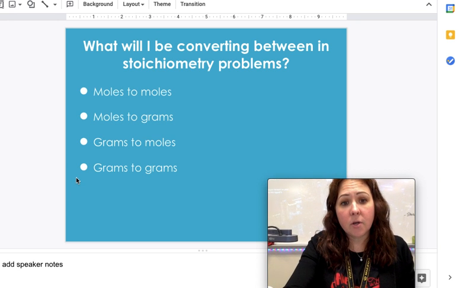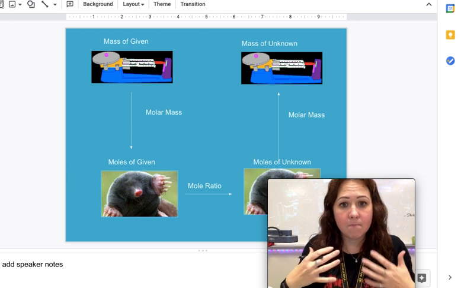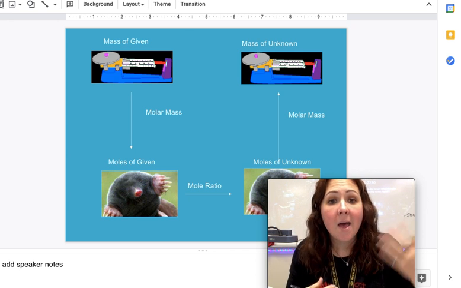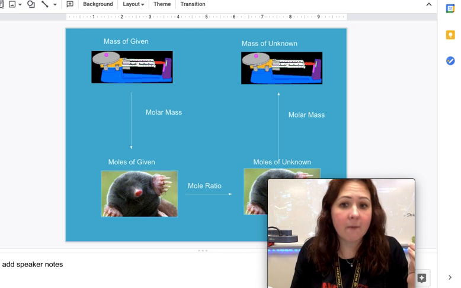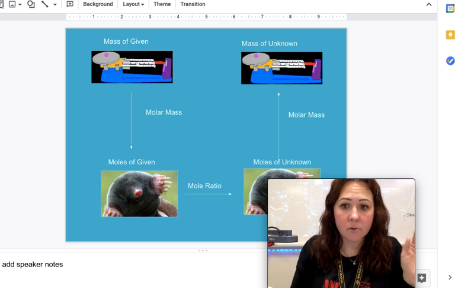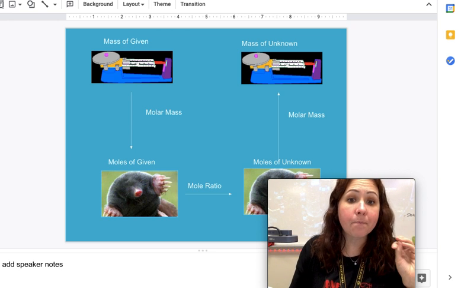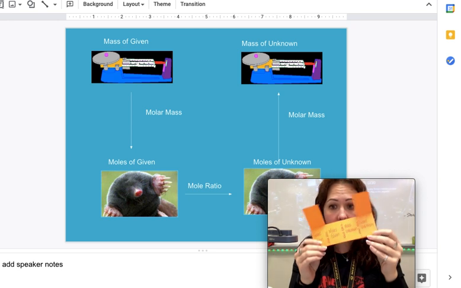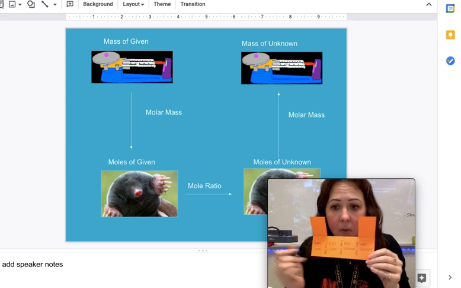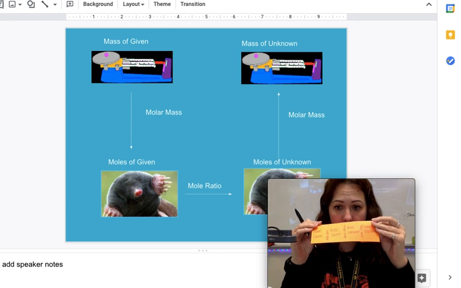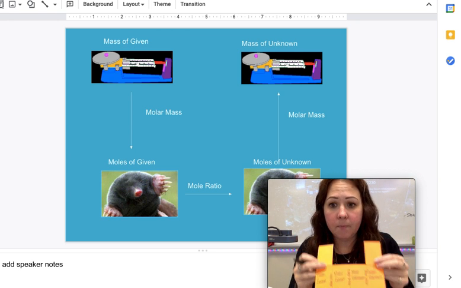So as we are looking through these different types of stoichiometry problems, I have a Holy Moly Mole map, which is in the back of your notes if you decided to print those or if you are following along with these. Or we made a foldable in class, and with this foldable, it does kind of help you go through that Holy Moly Mole map as well.